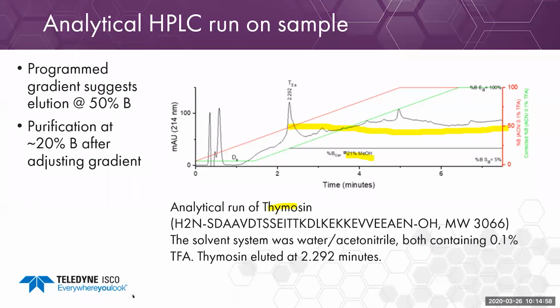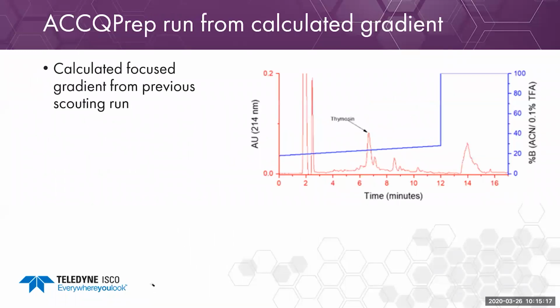Okay, this is thymosin, and the solvent system was acetonitrile water. I made a mistake and wrote methanol there, but it's water acetonitrile, both 0.1% TFA. And then I calculate a gradient on our system, and you see pretty close to 20% B, and it comes out in the middle over here.